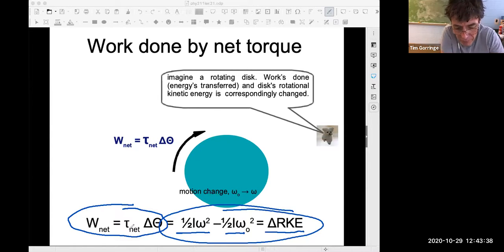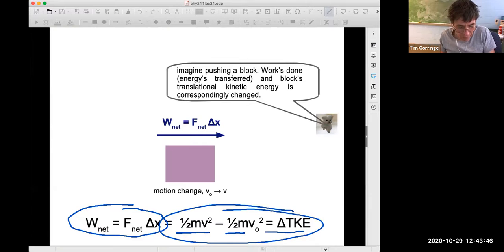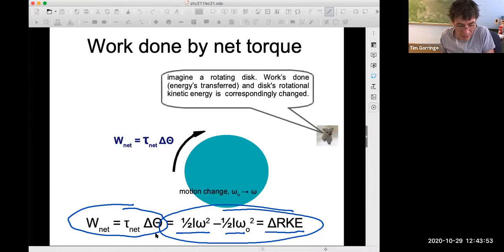If I just flip back to the previous slide, these equations here exactly parallel these equations here. They're just the same equations, one written in a rotational language, the other written in a translational language. Okay.